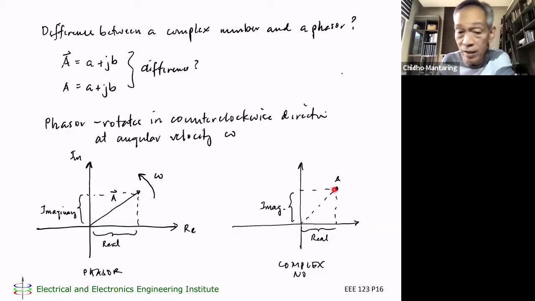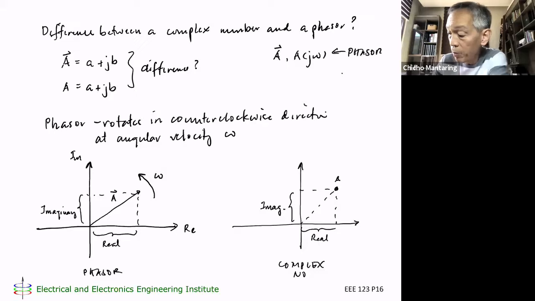Whereas this one is fixed. That's very important. That's why in notation, if it's a phasor, we put an arrow or we say A e to the j omega. So this is a phasor. When we show it like this, this is just a complex number.